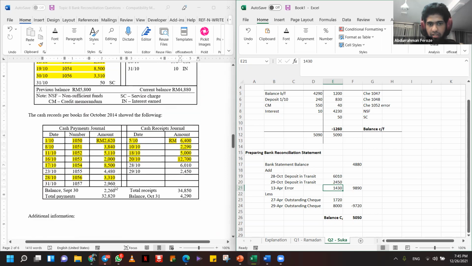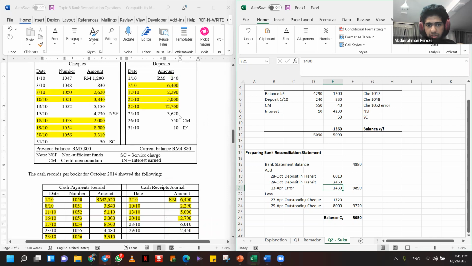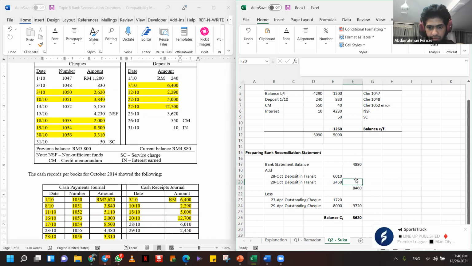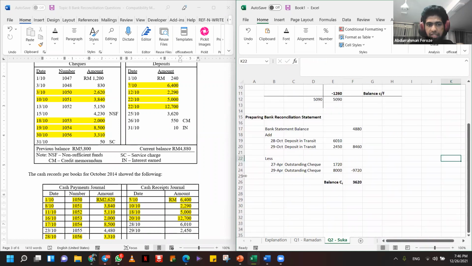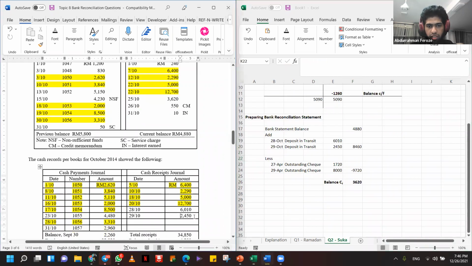Here they have made an error and they have mistakenly deposited 3,620 into the account. So over here, the error won't be plus, it'll be minus, right? And then less. So these two are covered.